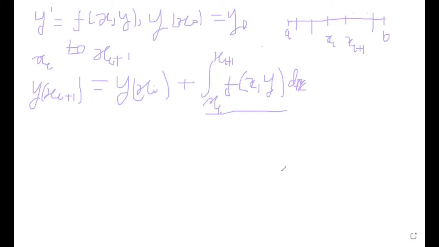We want to integrate the function f(x, y) from x_i to x_{i+1}, in this interval. Suppose this is x_i, and this is x_{i+1}, and then we will vary i, so we will get the result.